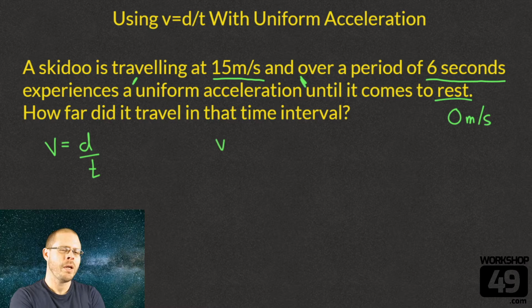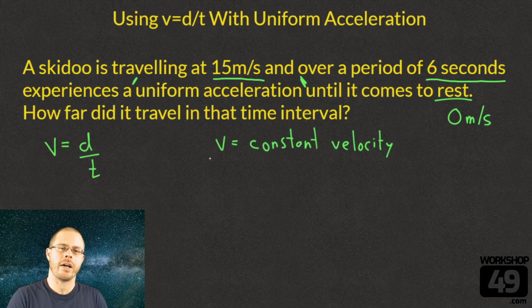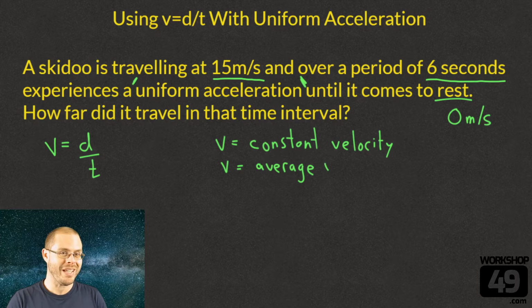Here's the thing. A lot of people, when they learn how to use this equation, remember that that velocity is a constant velocity, and that seems to get ingrained in our hearts. But there is a second option. When you're using v equals d over t, that v value can also be an average velocity.